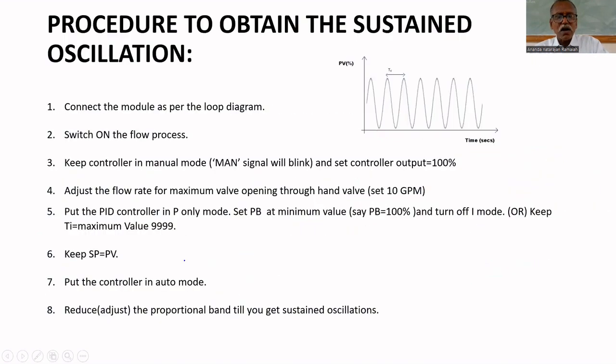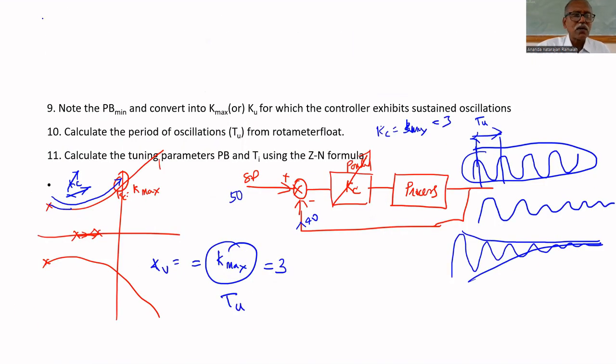The tuning parameters are for P, PI, and PID: Kc, TI, TD. For P, Kc is 0.5 times K max, no TI, no TD for proportional only control.